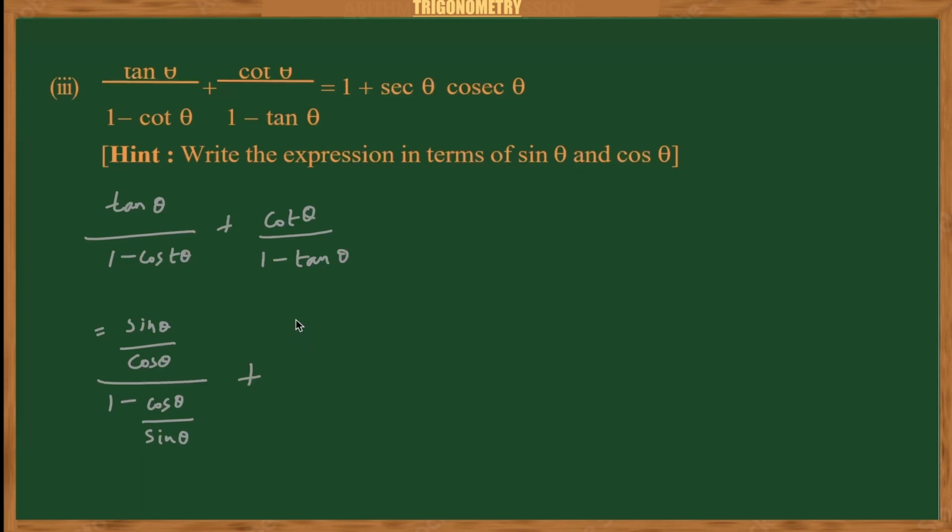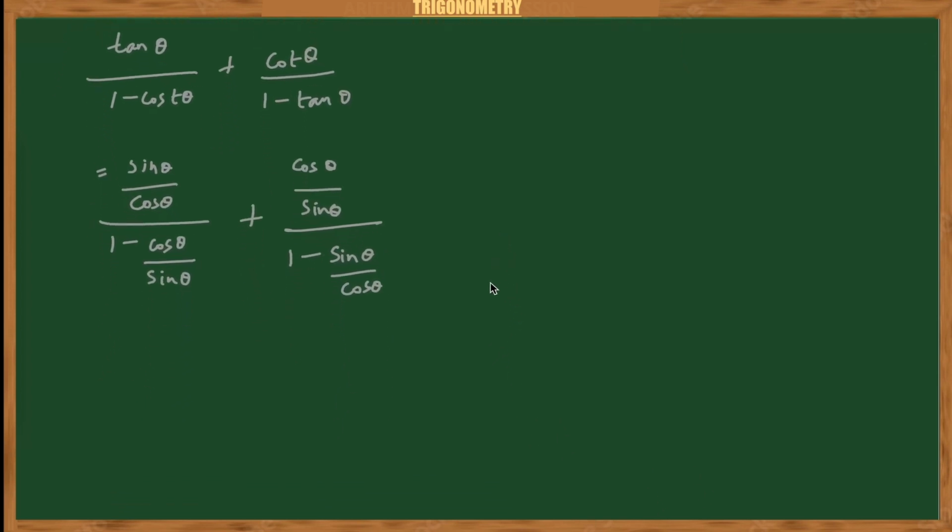So cot can be represented as cos theta divided by sin theta. Then we have 1 minus tan. Tan can be written as sin theta by cos theta. I hope till here we're clear. We've just done the conversion to sine and cos format. Let's move forward. This is becoming a little bit confusing, but it's straightforward. The only thing we need to do is some simplifications here.